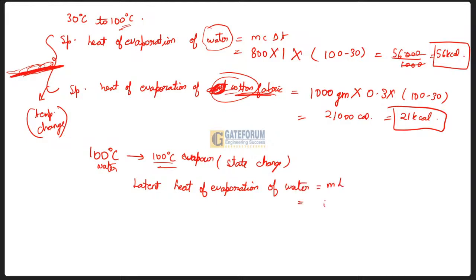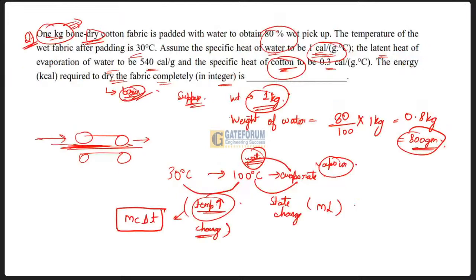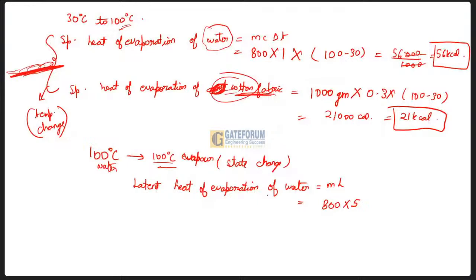So 800 into the latent heat given, 540 calorie per gram. The 800 gram of water will be evaporated. So 800 into 540 comes out to be 54 into 8 is 432, so 432,000 calorie. It will come out to be 432 kilocalorie.